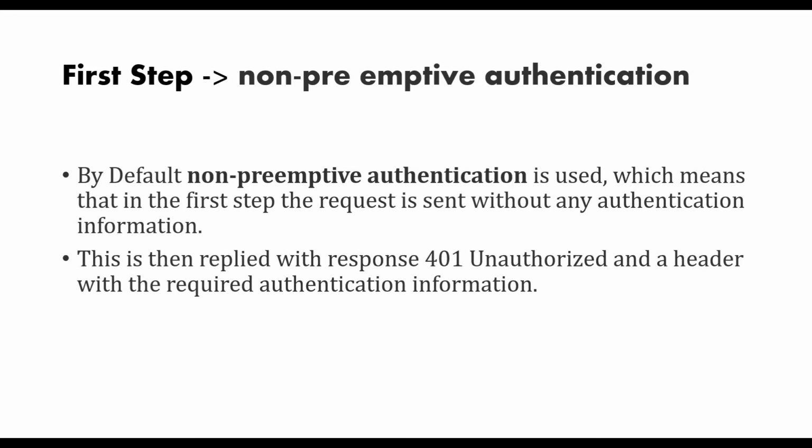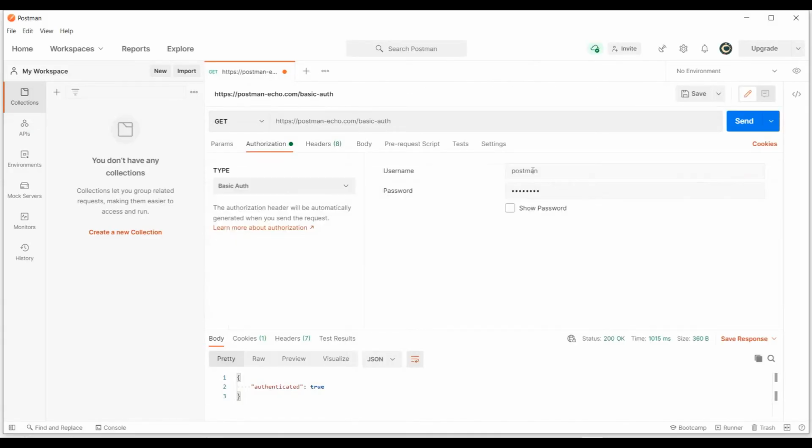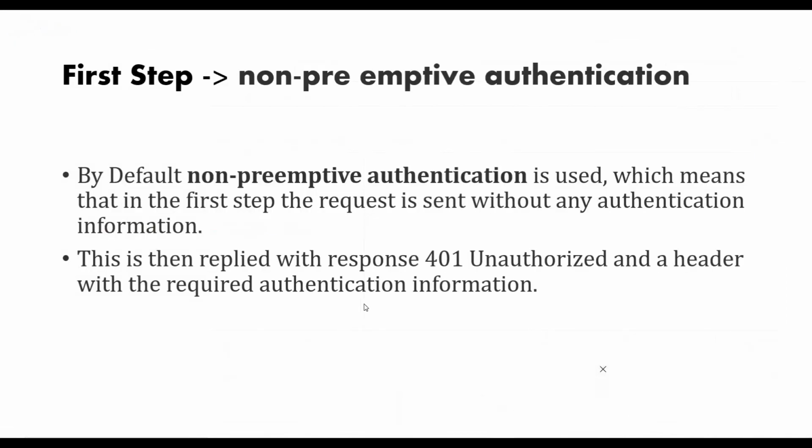If you give the request URL without any authentication information, which means without giving any username and password, what happened? You are getting a 401 unauthorized error, right? That is what we saw before, right? So if I do not give a username and password and hit this URL, what happened? We are getting a 401 unauthorized error, right?